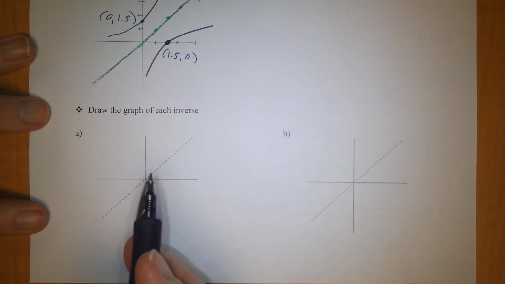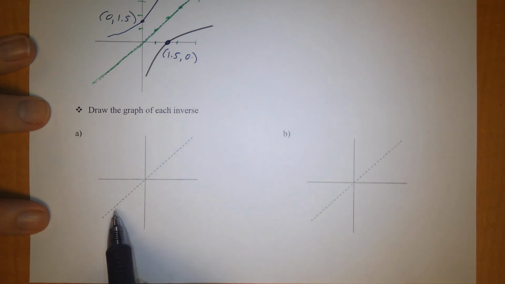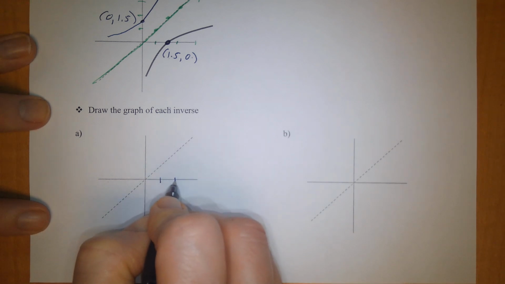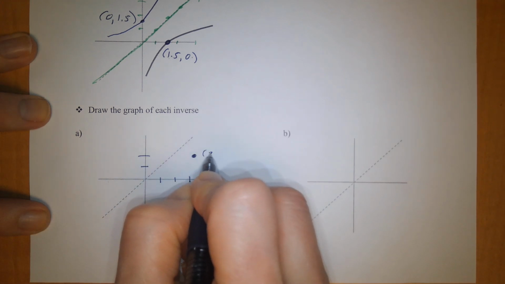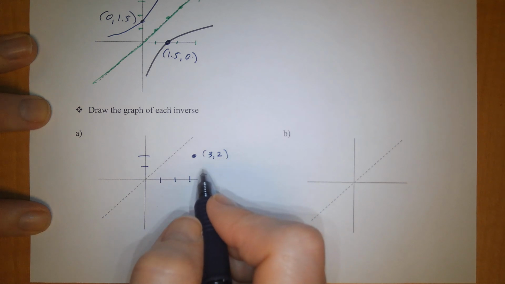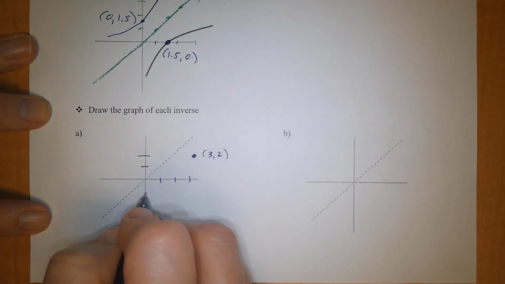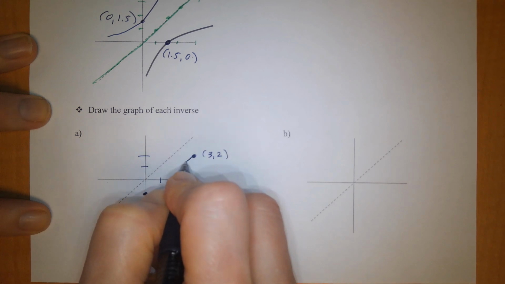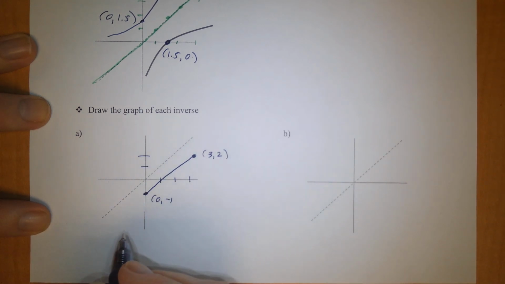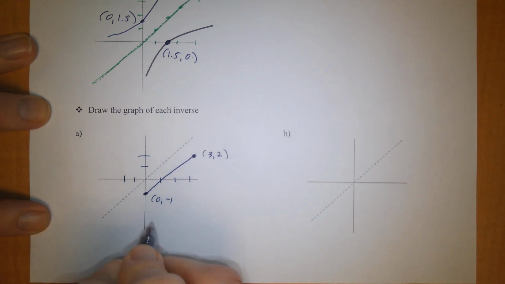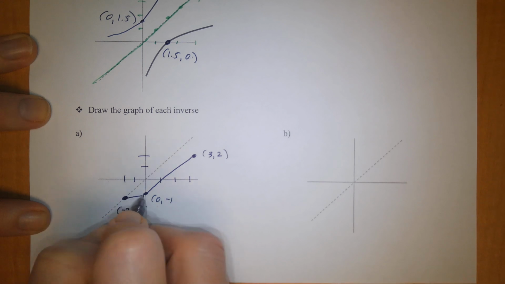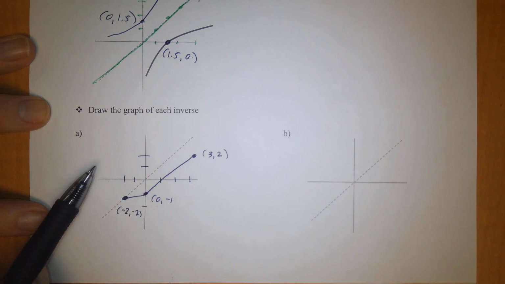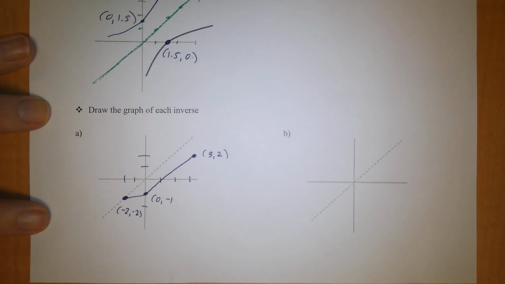Let's try two more. So I've already got the line y equals x as the symmetry line, and let's draw another graph. Let's say I have a function that starts at (3, 2), continues straight down to (0, -1), and then cuts over to (-2, -2). And I want to draw this symmetric line over the line of symmetry.